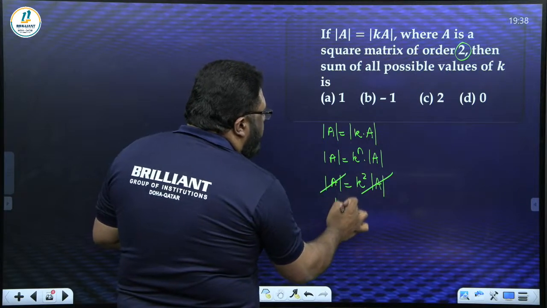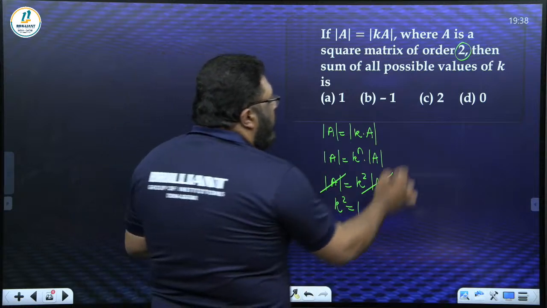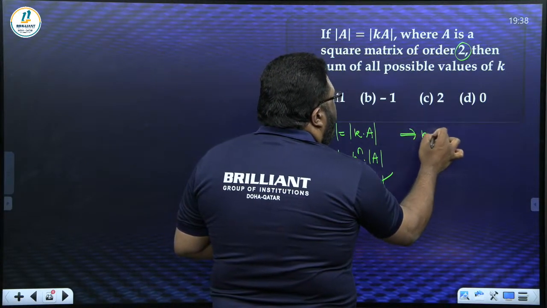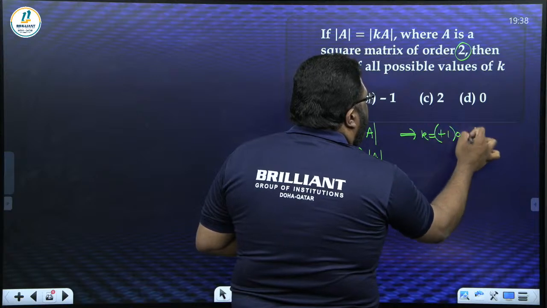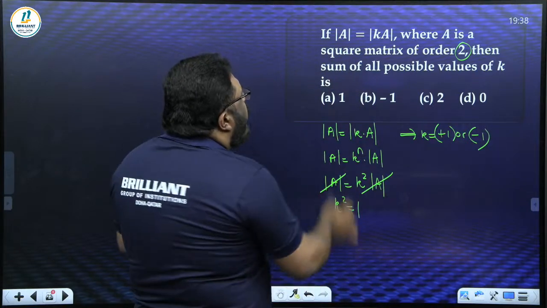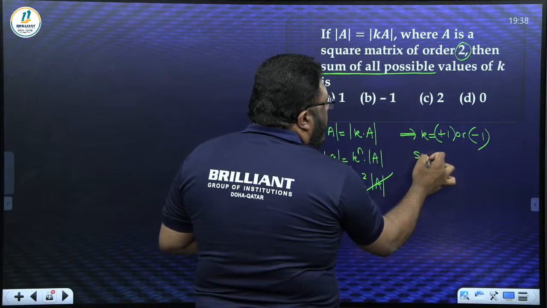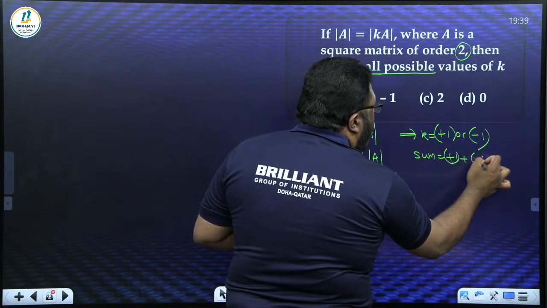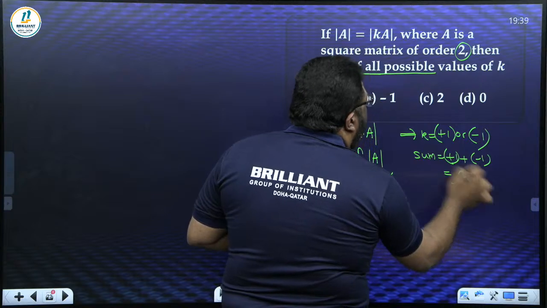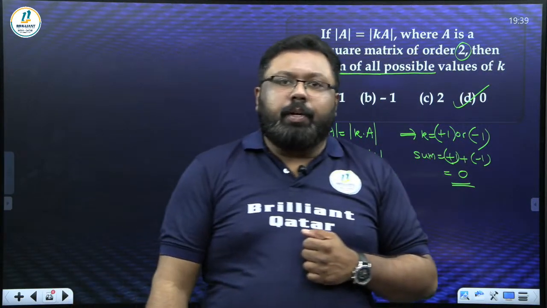So I will get k squared equal to 1. Then what are the possible values of k? That implies k could be plus 1 or k could be minus 1. Two possible values. Then what is the sum of all the possible values? Plus 1 and minus 1 added, you will always get 0. Option D, 0 is your answer.